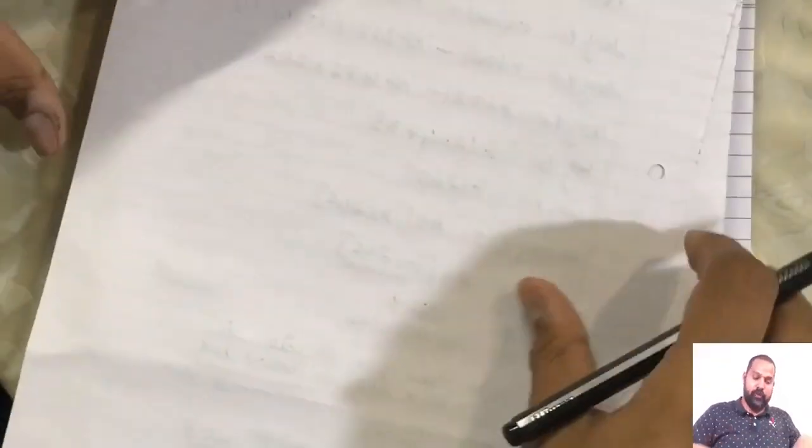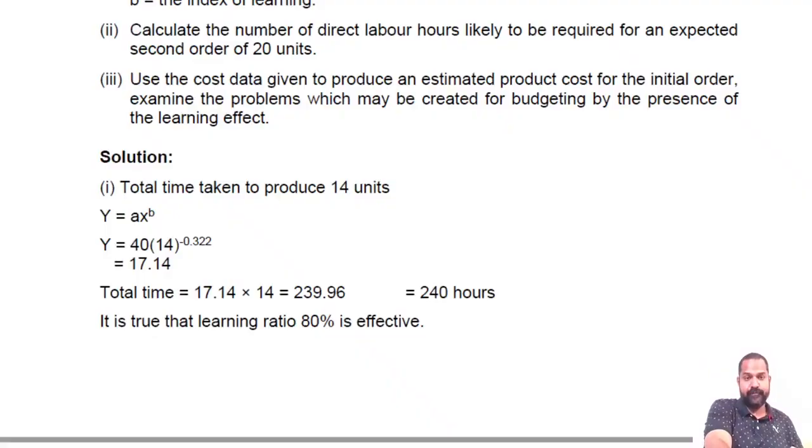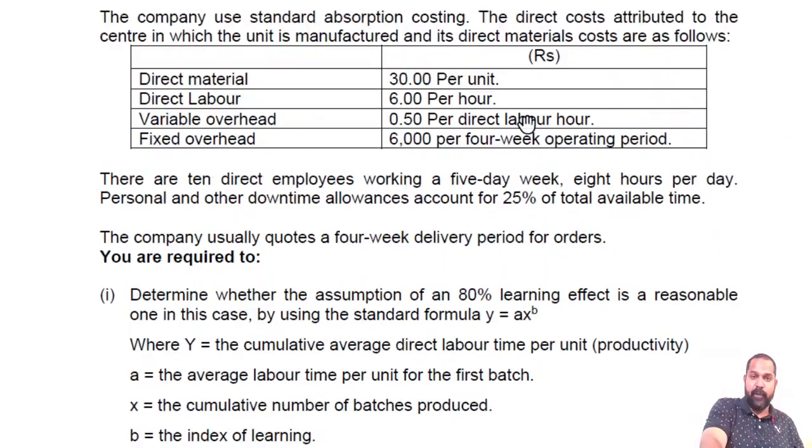If this is the total time taken, they are asking you to do cost. So I have to understand what all the costs involved are. Let's go back to the question. Cost number 1 is direct material, which is 30 per unit. Cost number 2 is direct labor, which is 6 per hour.